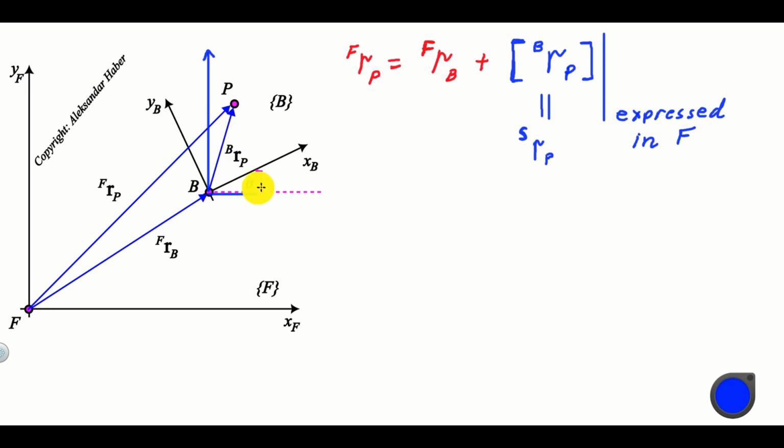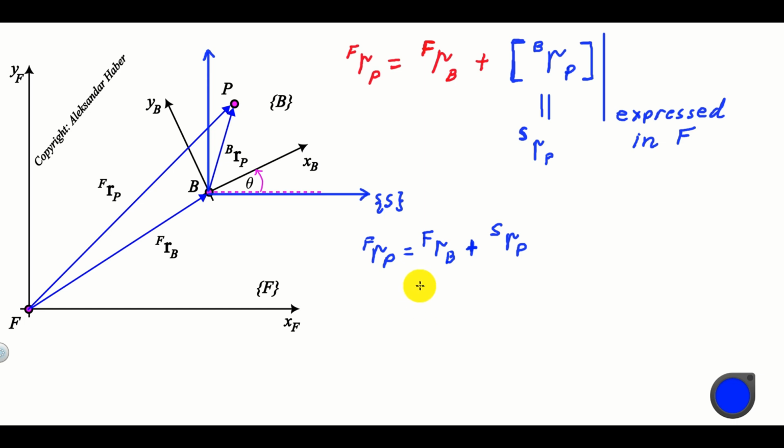Here's our S. Consequently, we can write this. RPF is actually equal to, let's see from the graph, it is RBF plus vector RP with respect to S. And this is very important.